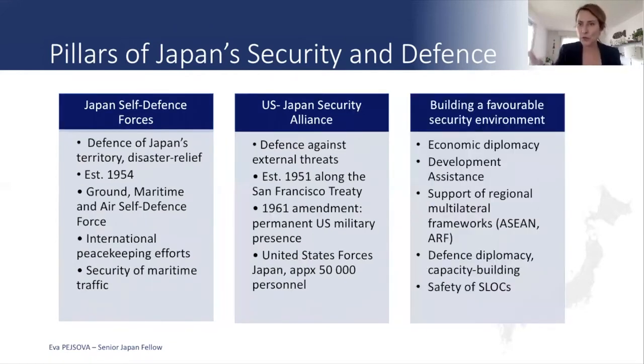Finally, in order to compensate a little bit for these lacunas, Japan has been heavily investing in what we call building a favorable security environment in its neighborhood and beyond.